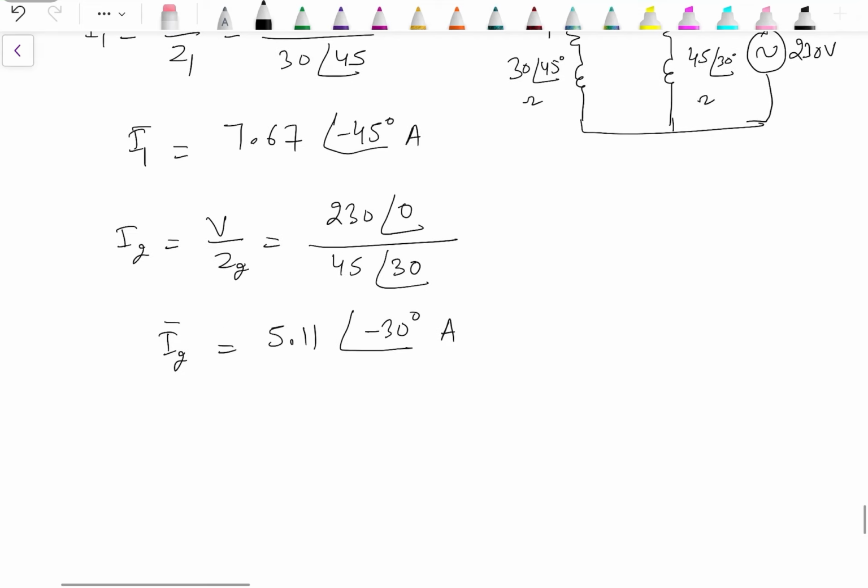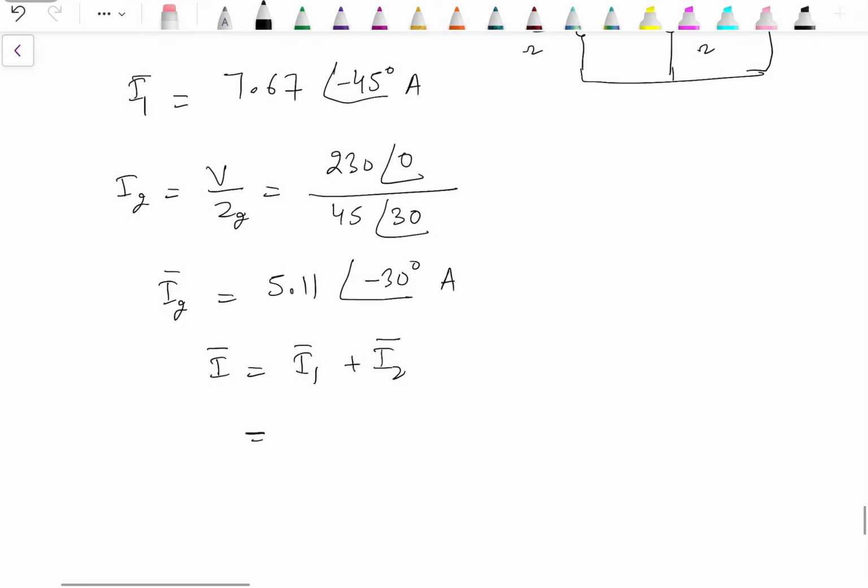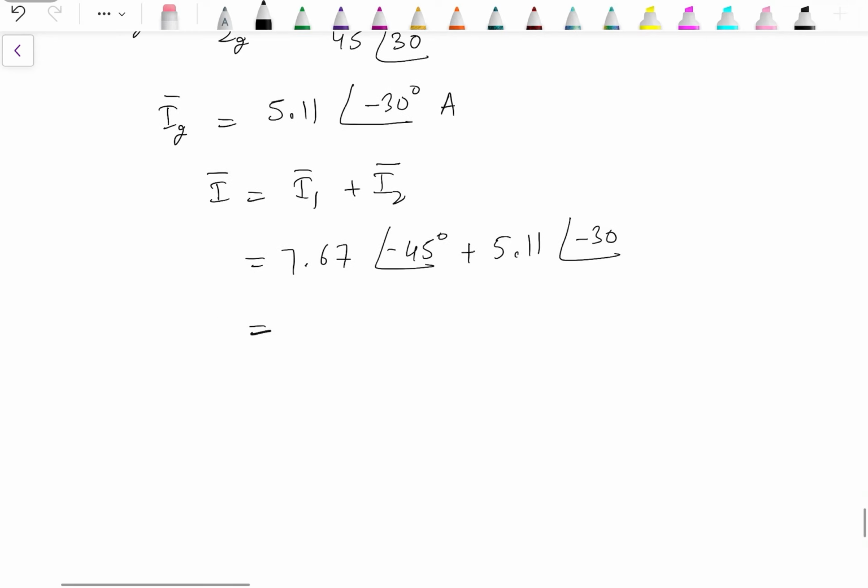We have to find out the total current I, which is the phasor sum of I1 and I2. So I1 is 7.67 angle minus 45 plus 5.11 angle minus 30. Now using the complex mode of the calculator, we get the answer for I as 12.675 angle minus 39.01 degree amperes.